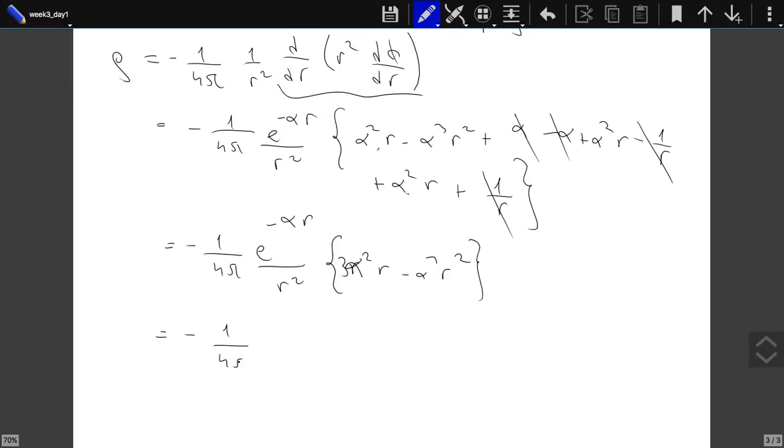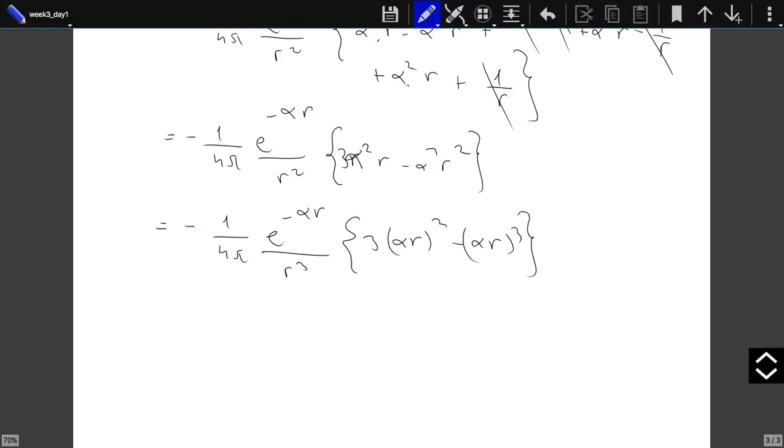Or let's say 1 over 4 pi e to the power minus alpha r divided by r cubed, 3 alpha r squared minus alpha r cubed. Of course, this is for the electron negative charges only, because the positive charges we had separated.